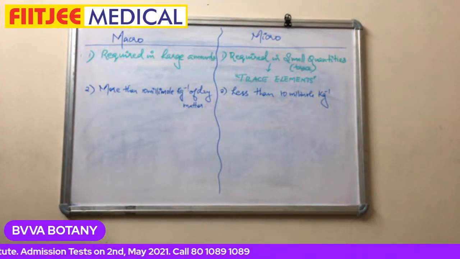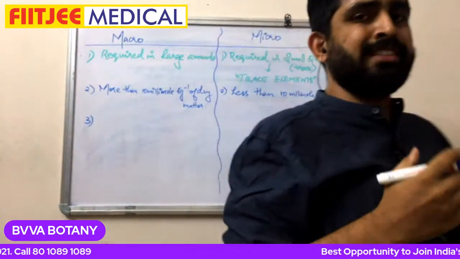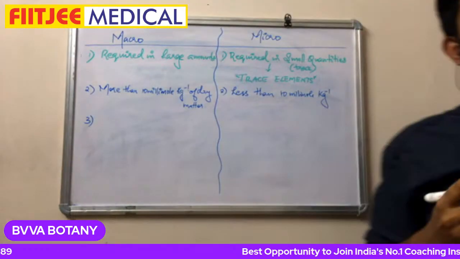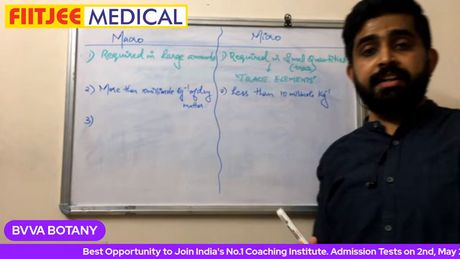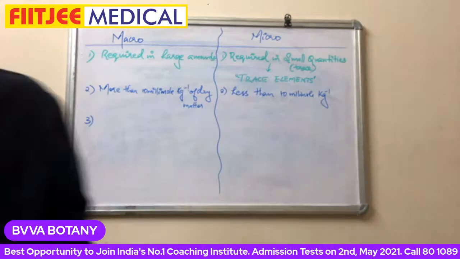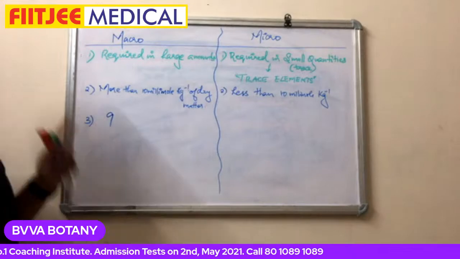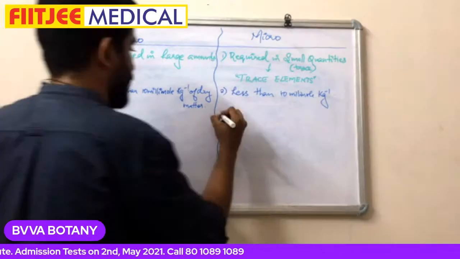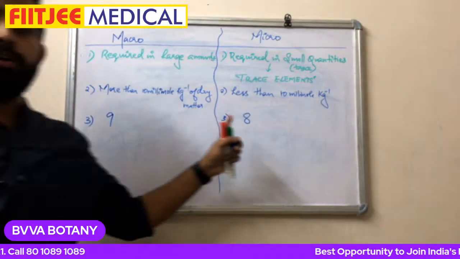Now, we said that after this criteria we have got 17 essential elements. So based on the quantity criteria, out of the 17 essential elements, 9 are coming under macronutrients, and the remaining 8 are part of micronutrients.